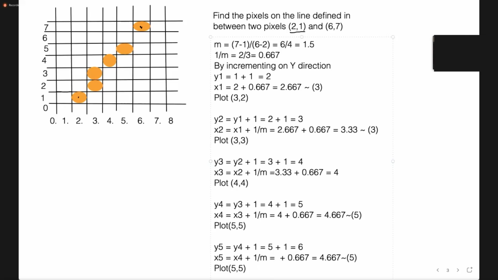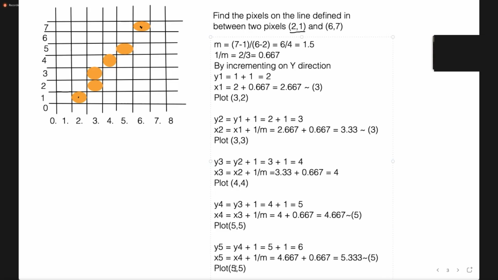X4 is 4.667 plus 0.667, that is going to be 5.333. Then it is going to be 5.